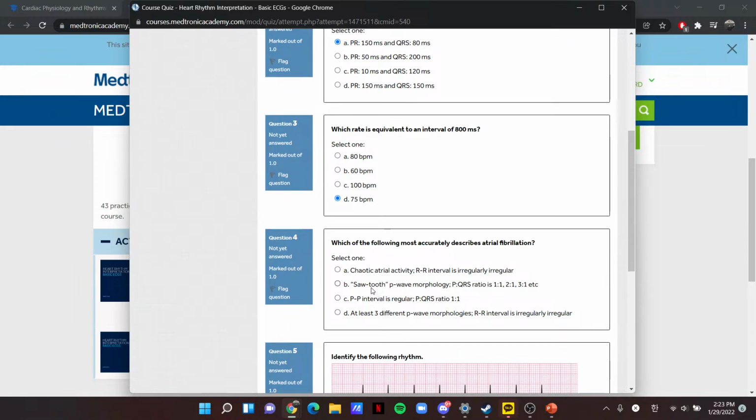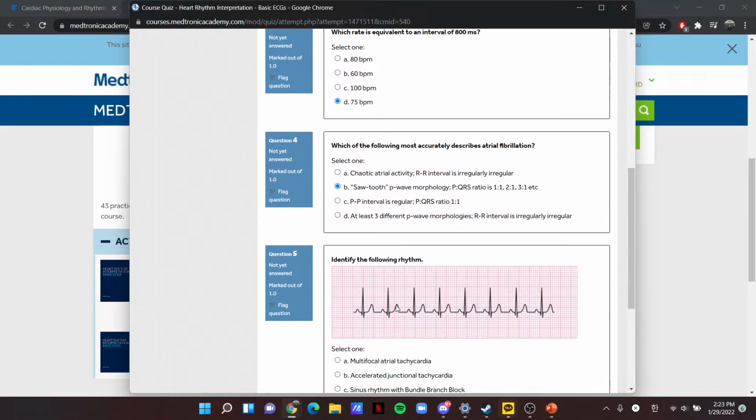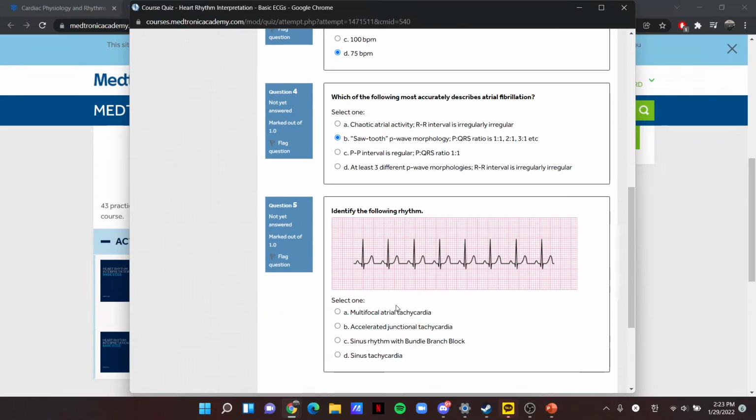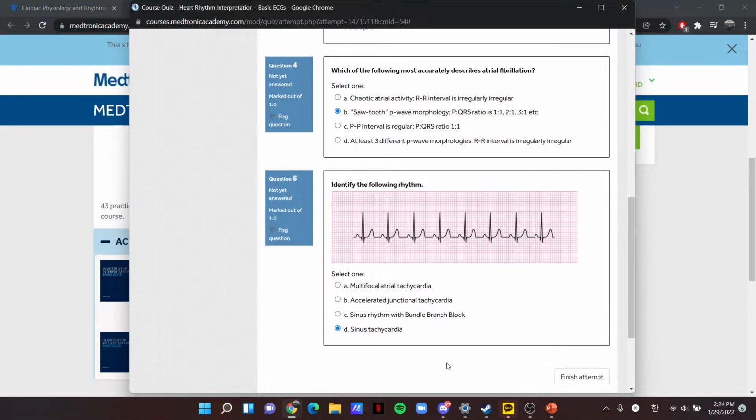AFib is... It has to be a tachycardia. I can't tell. I think it's a sinus tachycardia.